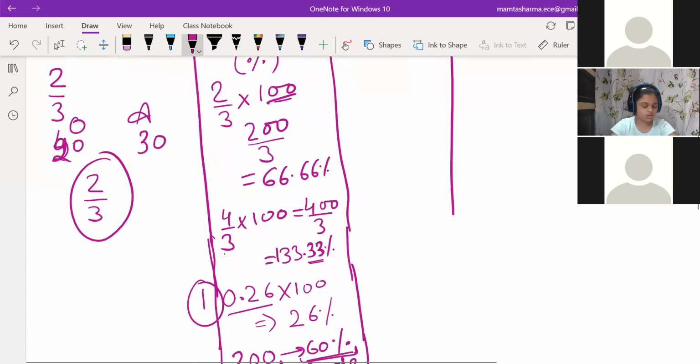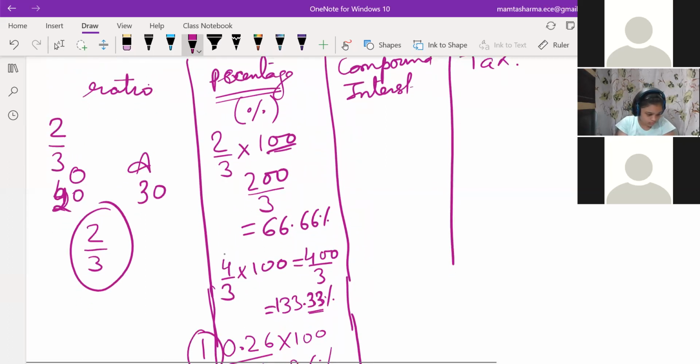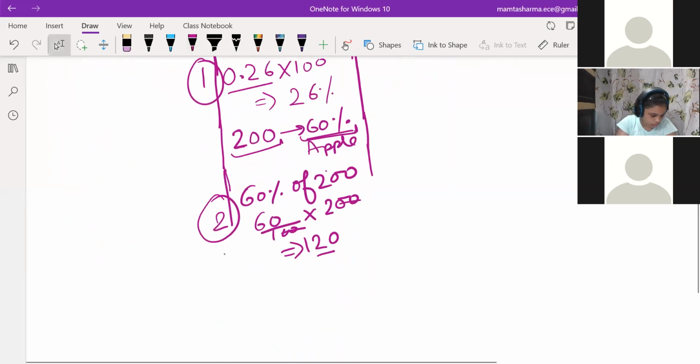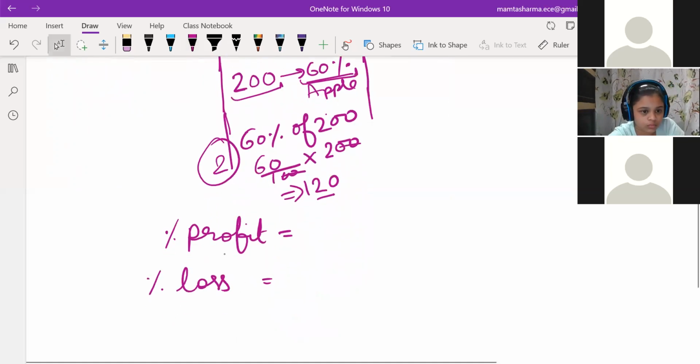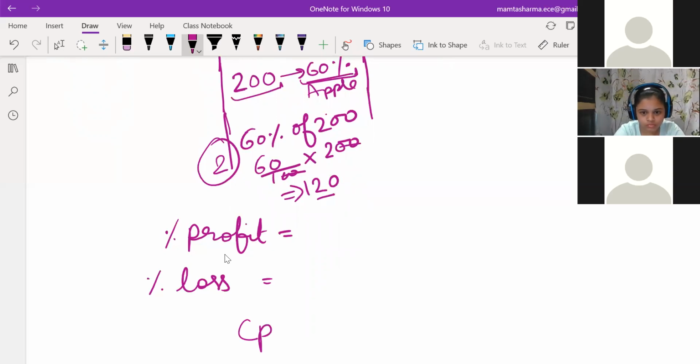Okay, and the third type of question will come in percentage profit, percentage loss. That is also important. See, if you buy something, that is called the cost price of that product.